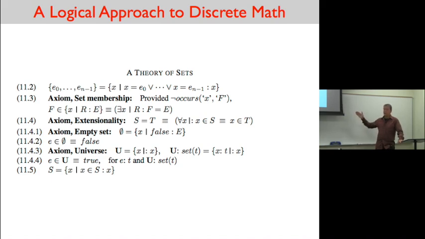We're going to prove 11.5, but to prove 11.5, we are going to introduce a proof technique. And we're going to use this proof technique over and over and over again. So this is a pretty crucial proof that we're going to do here. So here's what we're going to do.